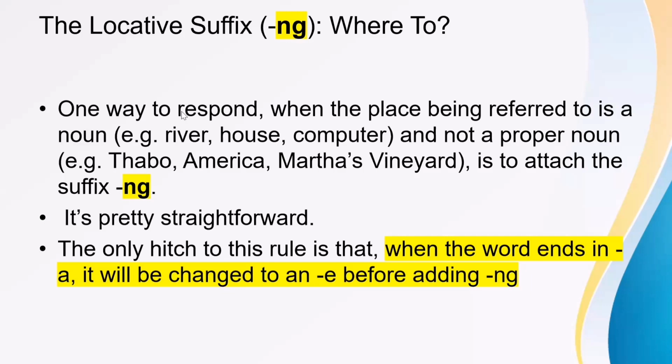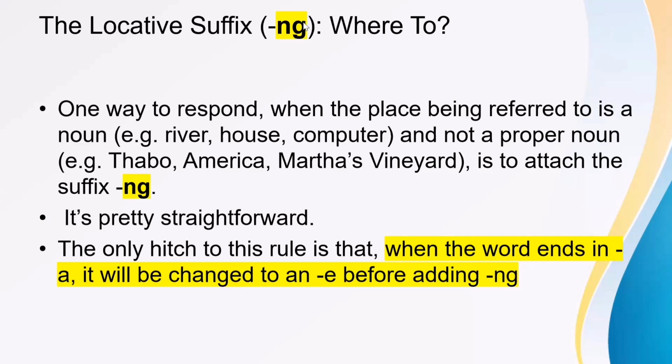So the locative suffix, locative meaning the location where we are going to. The suffix, the ending of the word, ng, is what we are adding whenever we want to describe where we are going.